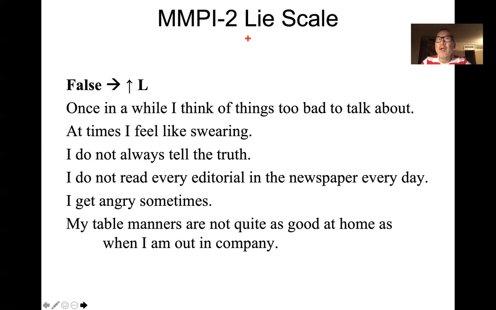I'm just looking at the items discussed here, where endorsing false will increase the lie scale. It's not just a matter of endorsing a few items that will elevate the lie scale to a point where it will be determined that you're lying. You've got to endorse a whole bunch, a majority of the items.